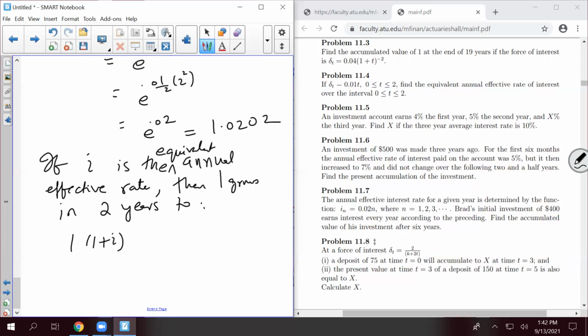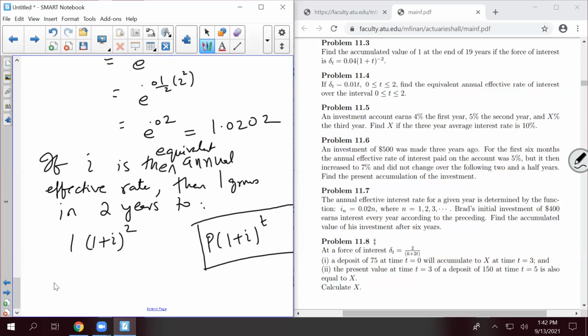1 times (1 plus i) squared, that's compound interest. Remember the formula, P(1 plus i) to the power t.